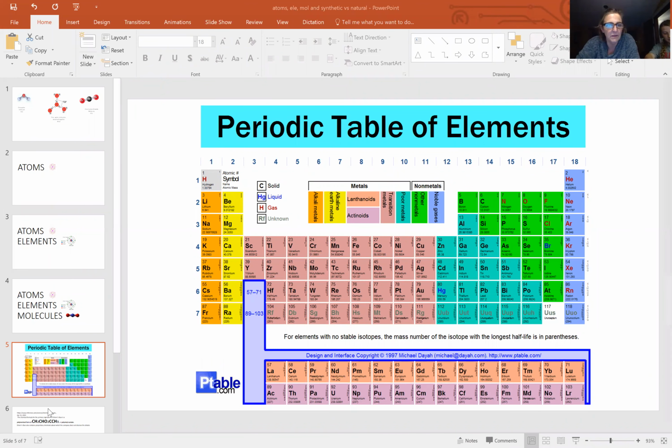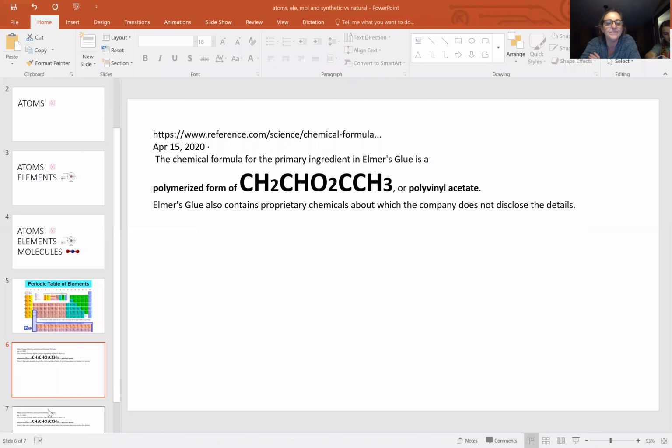So I went and looked up online the chemical formula for the primary ingredients in Elmer's glue. Not a super exciting slide, but let's look at it. Elmer's glue is a polymerized form of CH2, CHO2, CCH3, or a polyvinyl acetate.